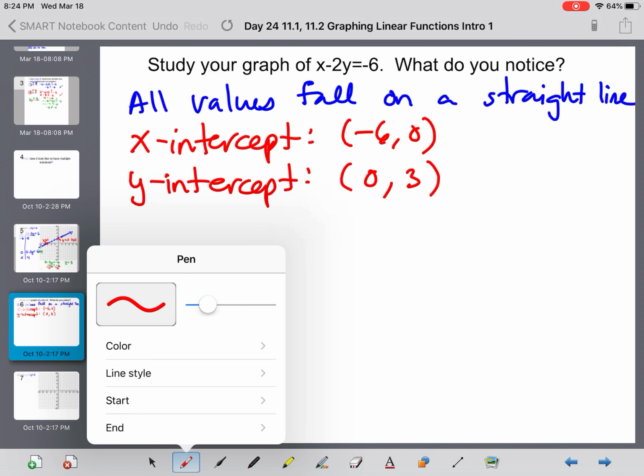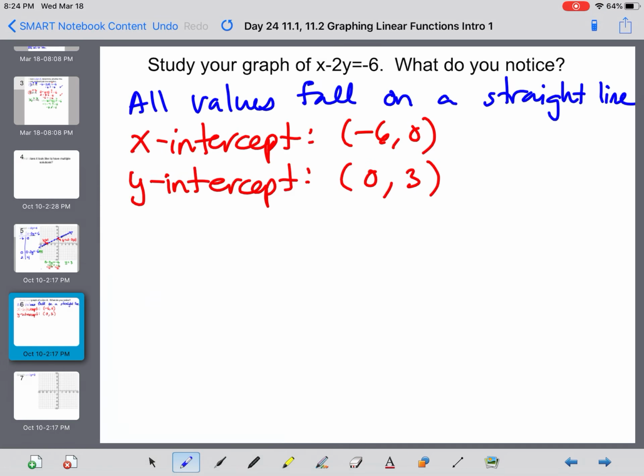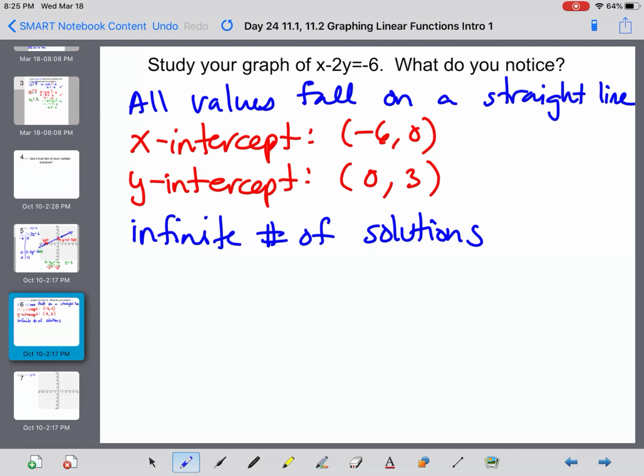I might also observe that there's an infinite number of solutions. I might also notice a pattern.